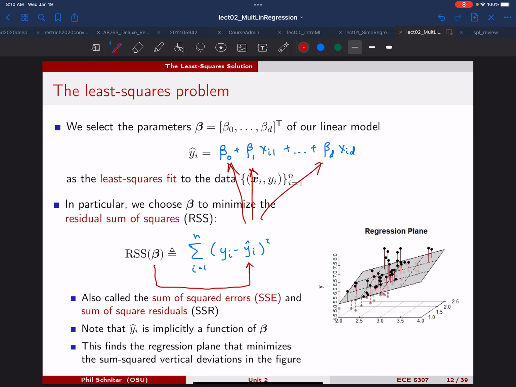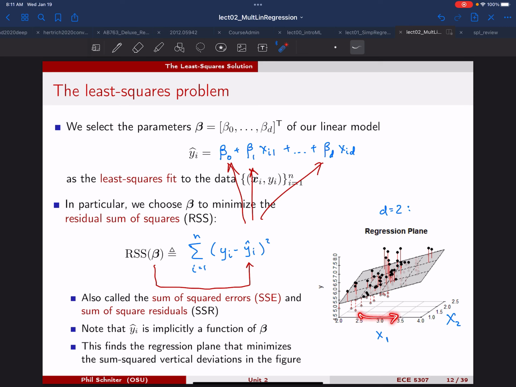Okay, so we have a picture on the right which helps to explain what's going on. This is going to be for the case d equals 2, where you have two features. So you'd have one feature x1, another feature x2, and as a function of those two features, all your data points look like this. These would be coordinates in 3 dimensions.